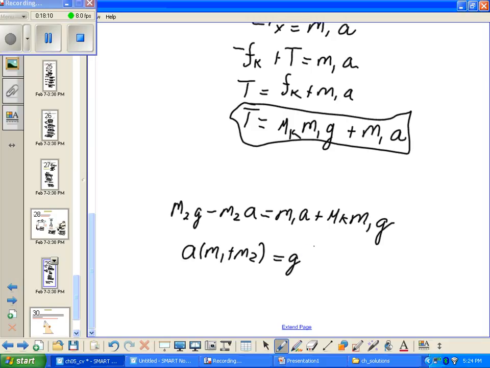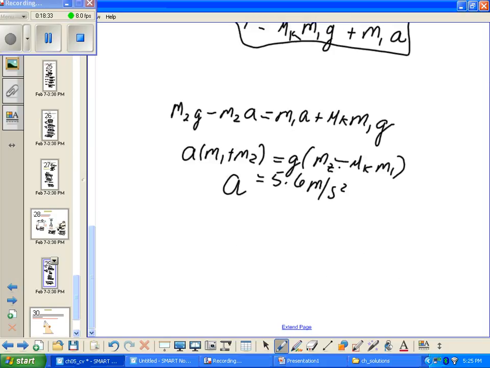Set all the G's on the other side, G times M2 minus mu k M1. Solve for A, and we obtain A equals 5.6 meters per second squared.